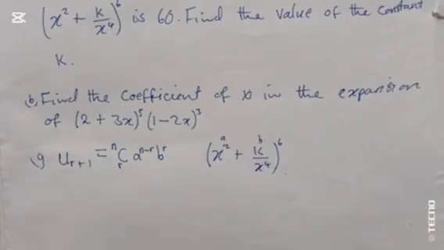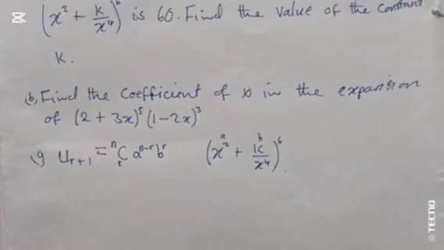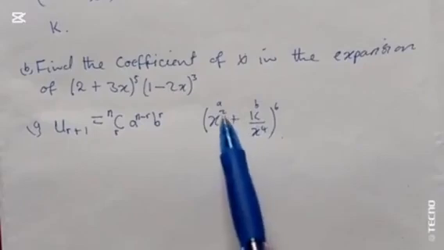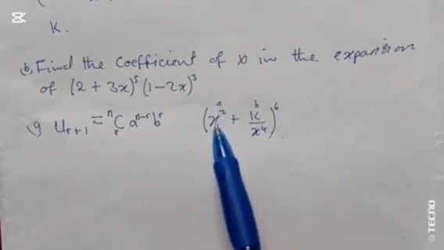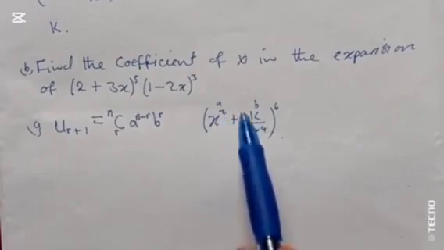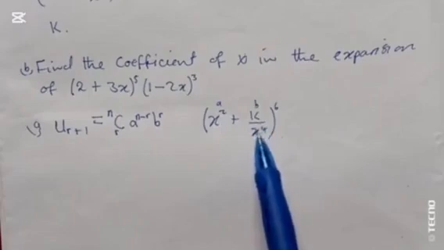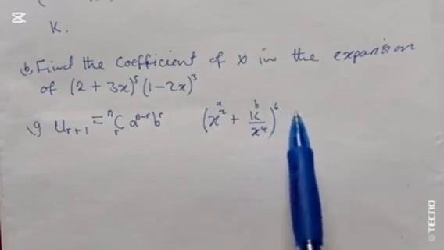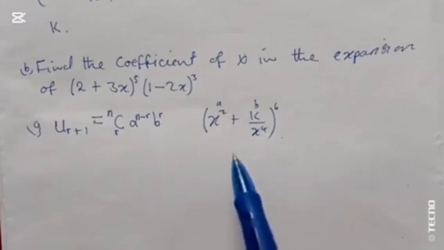That one will determine the independent term. It will give us the way to find the term. Then what we don't have is the value for r.